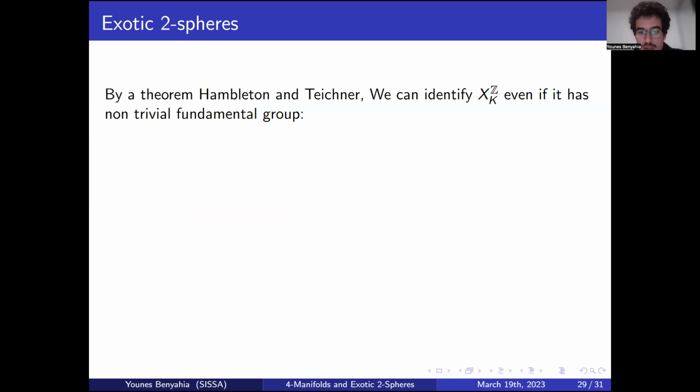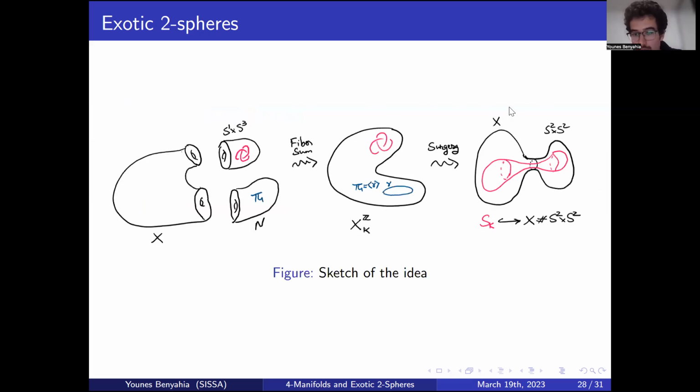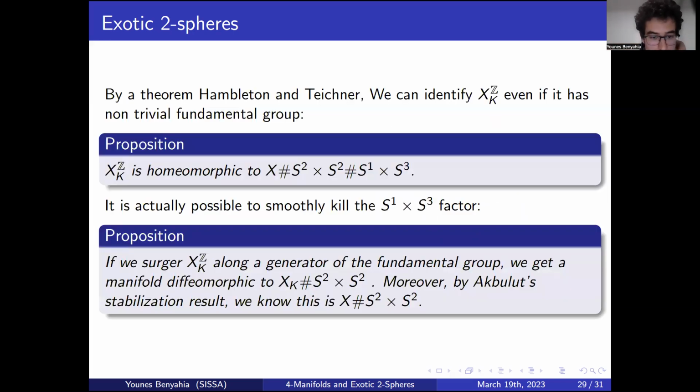So if we go back here, you will have this gamma, the generator of the fundamental group. If you do surgery along this loop, you will get a new manifold, and this new manifold will be X connected sum S2 times S2. Why? If we do surgery along a generator of the fundamental group, so along gamma, you get a manifold diffeomorphic to XK connected sum S2 times S2.